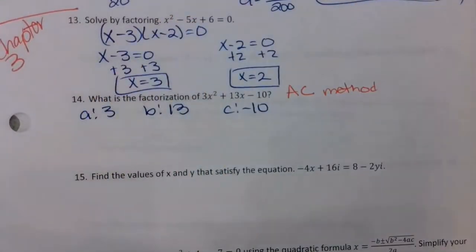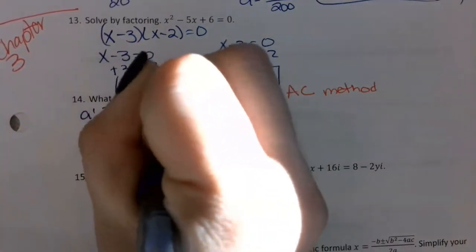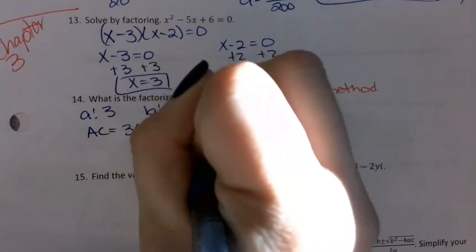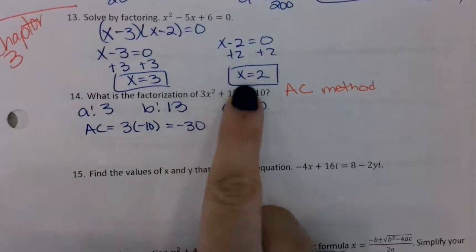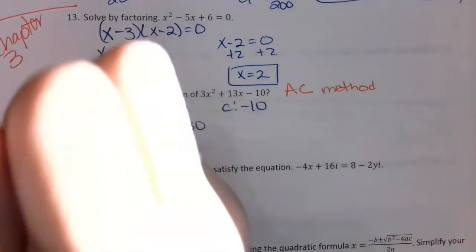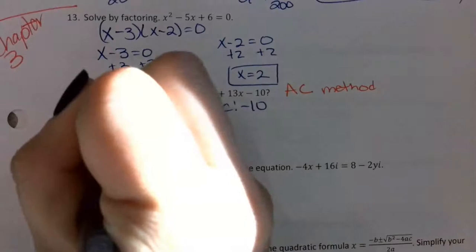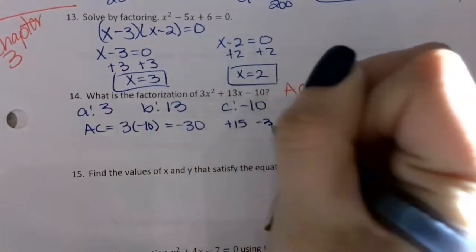So I take my A and C values, which is 3 times negative 10 equals negative 30. So on this one, I'm looking for what multiplies to negative 30 and adds to positive 13. So this one would be positive 15, negative 2.